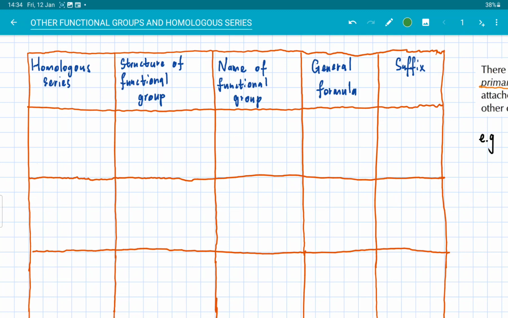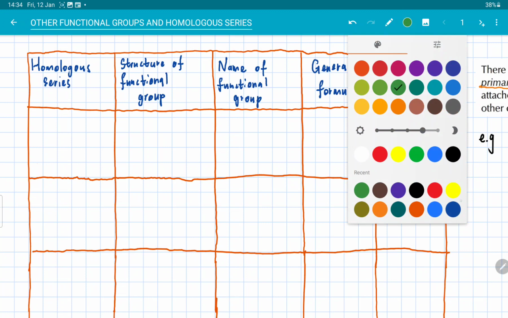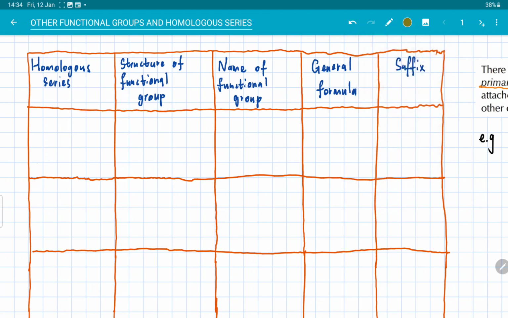Homologous series. The first one we're getting into is going to be alcohols. So basically, alcohols are a homologous series of organic compounds. And because it's a homologous series, it means there's a functional group that you will recognize.